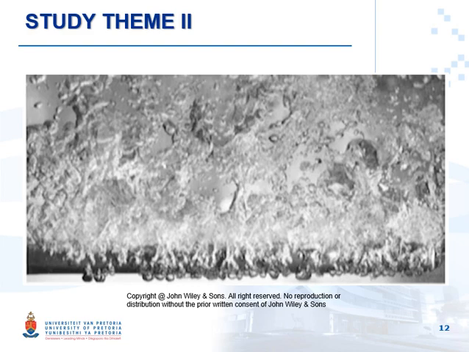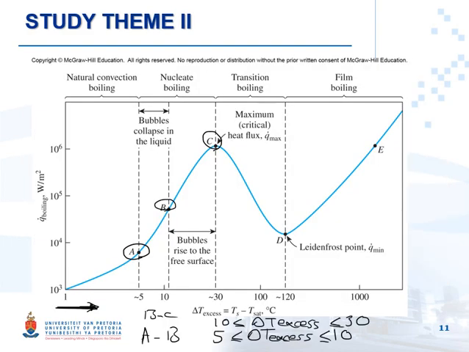So we talked about this section, A to B and B to C. At larger values of delta T excess, the rate of evaporation at the surface reaches a value where a larger fraction of the heater surface is covered by bubbles.